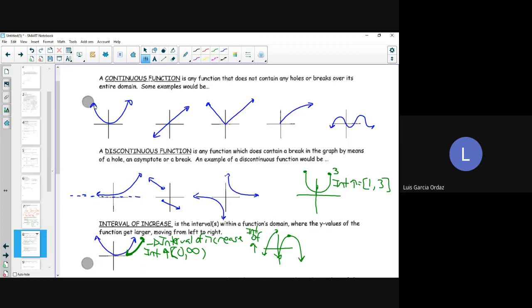So for the interval of increase for this, there would be none, because from left to right, it's decreasing. If you continue from left to right, it's also decreasing. So we wouldn't have an interval of increase in that. That's the next one we're going to do. For the interval of increase, is it the x-axis or the y-axis? You're looking at the y values. Okay.